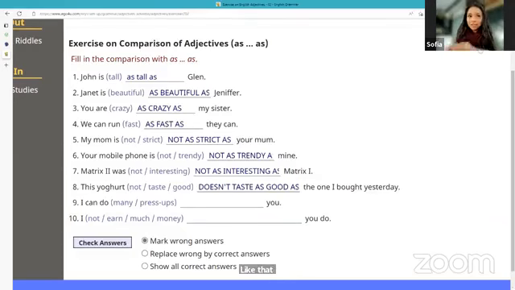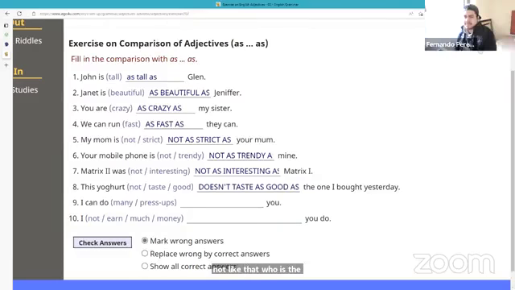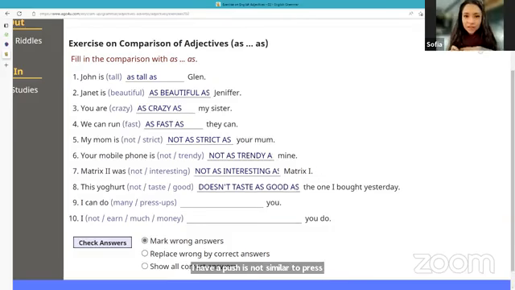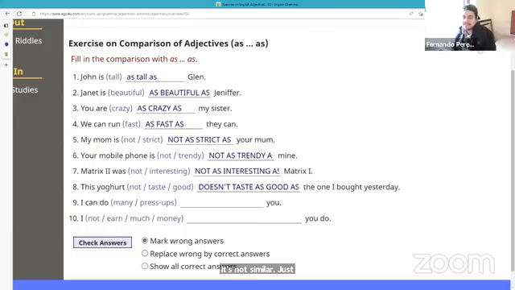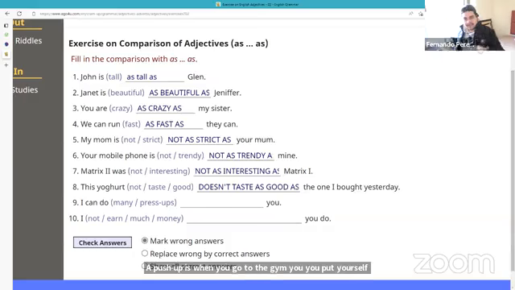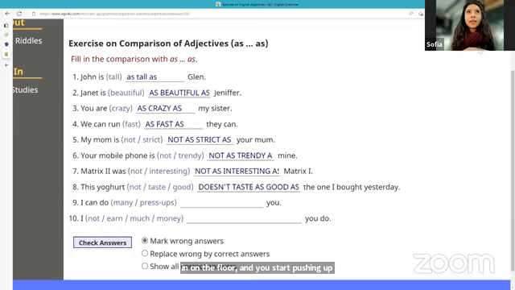I don't know, like push the person. But push is not similar to press up. Okay. A push-up is when you go to the gym, you put yourself on the floor and you start pushing up. Yeah. Push up and press up.